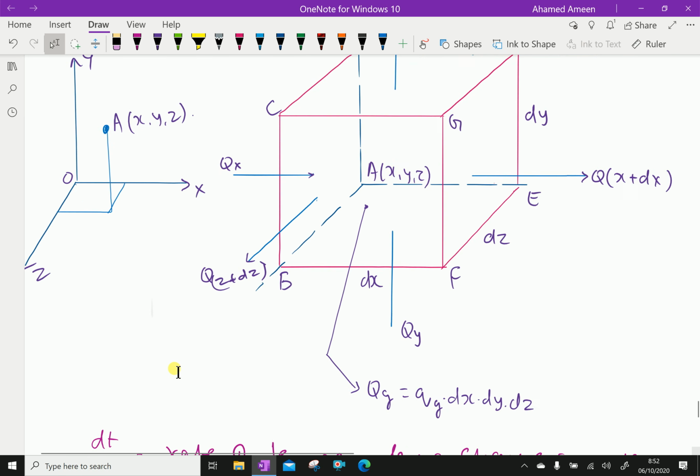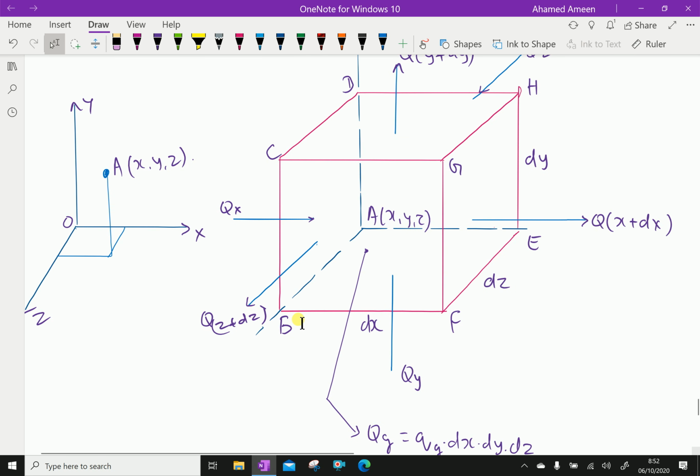Look at this elemental area. At the face ABCD, the temperature on the left side is T, and on the right side it is T plus ∂T/∂x dx.